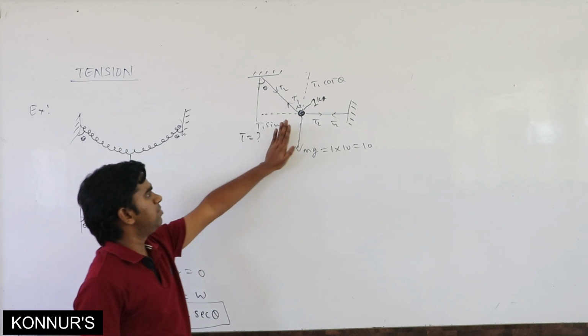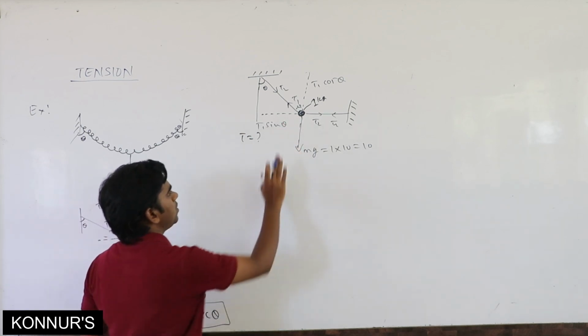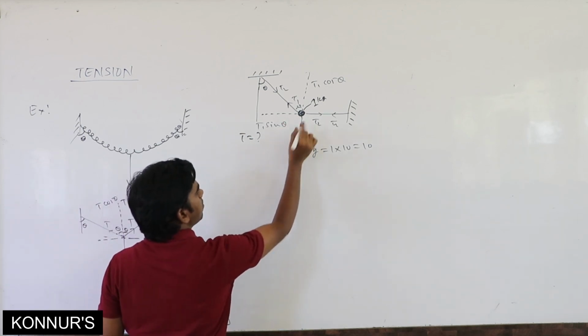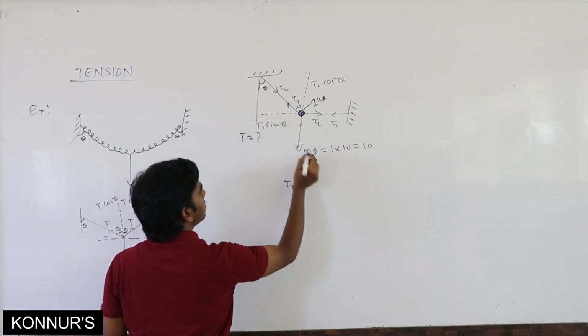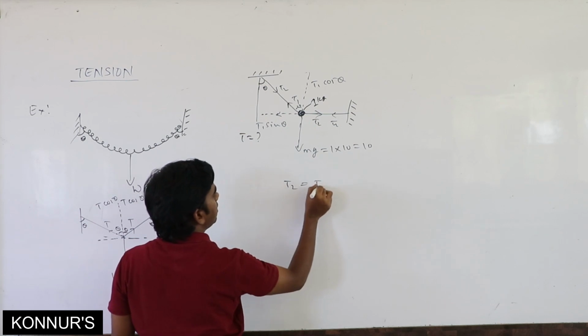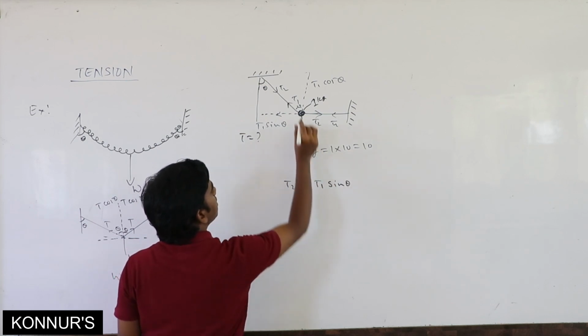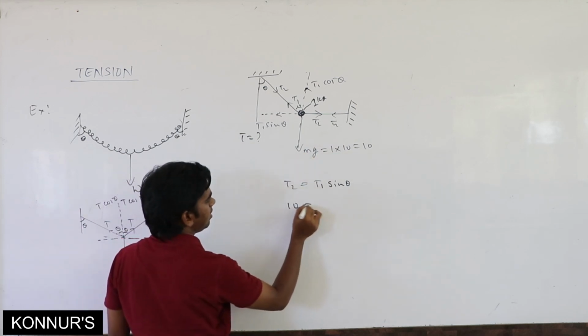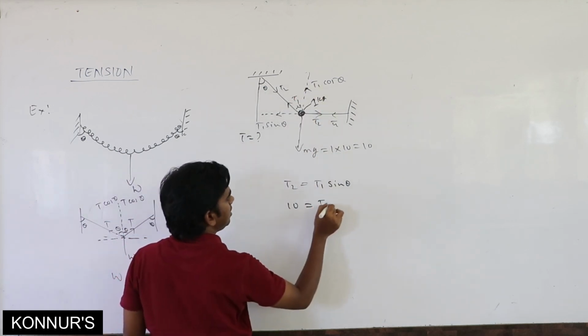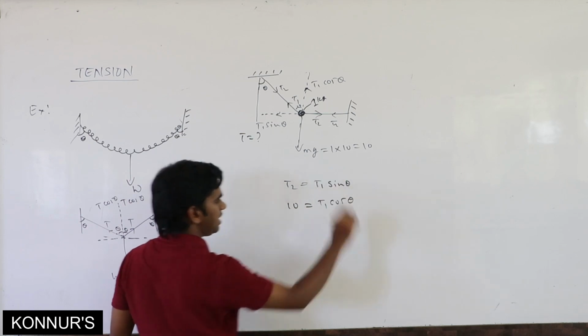Since it is in equilibrium, not moving, these forces are equal. T2 equals T1 sin theta. In the downward direction 10 equals the upward direction T1 cos theta.